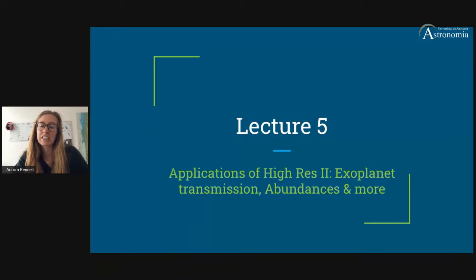And today we're going to continue talking about exoplanets first, and we're going to talk about how you can measure their transmission spectra with high-resolution spectroscopy, also their emission spectra. And then we're going to move on and talk about measuring abundances of different elements and molecules with spectra and a bunch of different applications of that.